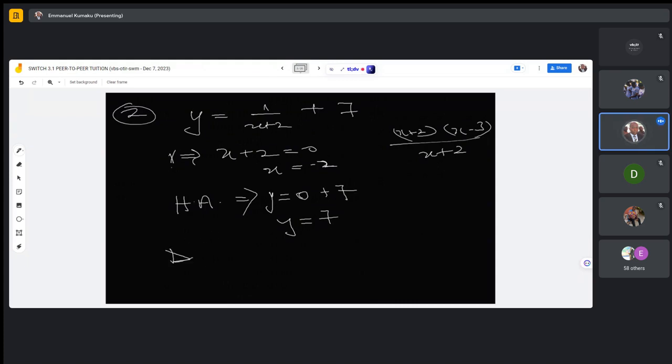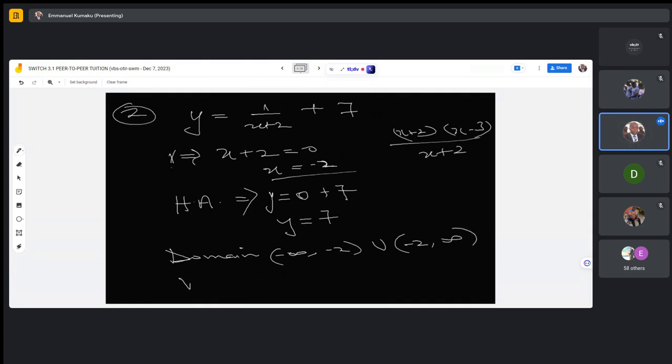Sometimes they will ask us to find the domain. The domain is all values of x except the vertical asymptote. So from negative infinity up to negative 2, we use normal brackets, not the square ones, then union negative 2 up to positive infinity.